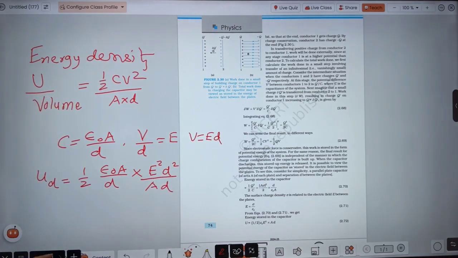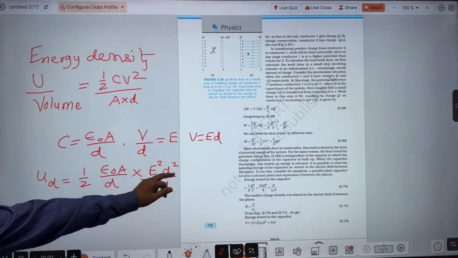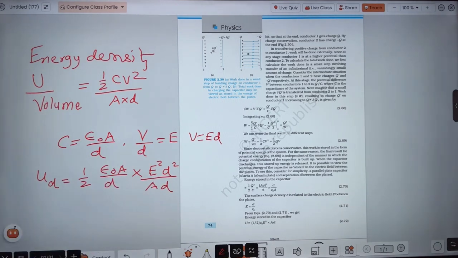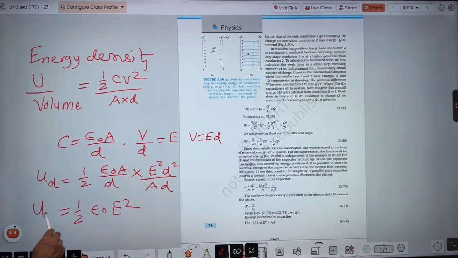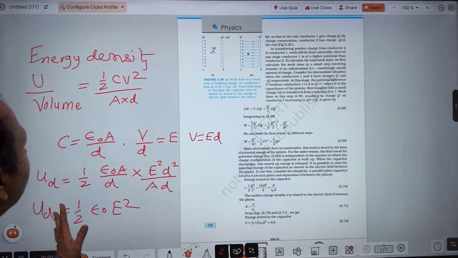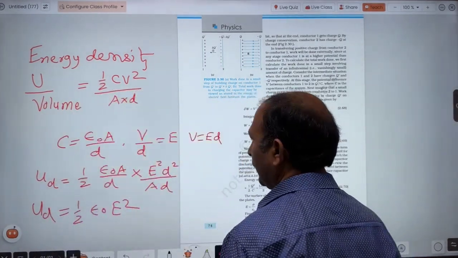What happens? D will cancel D square, A will cancel A. So you will be left with 1 by 2 epsilon naught E square. So this is energy density, this is small u. I think this is very clear.